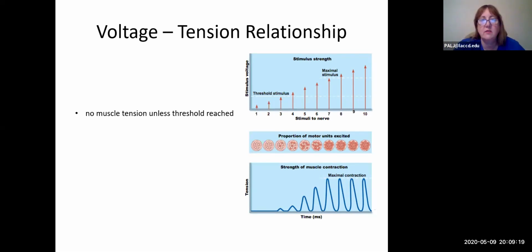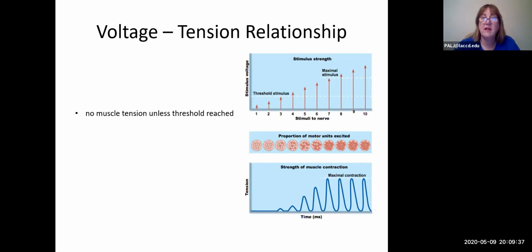As we talked about before, if we don't reach the threshold, we have no contraction occurring. In the middle it shows what proportion of the motor units are excited.